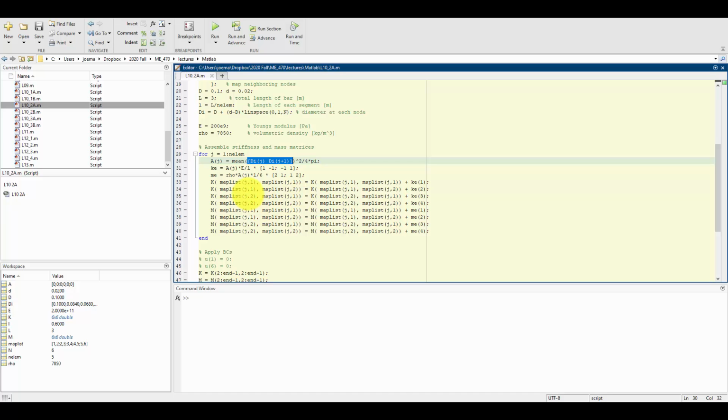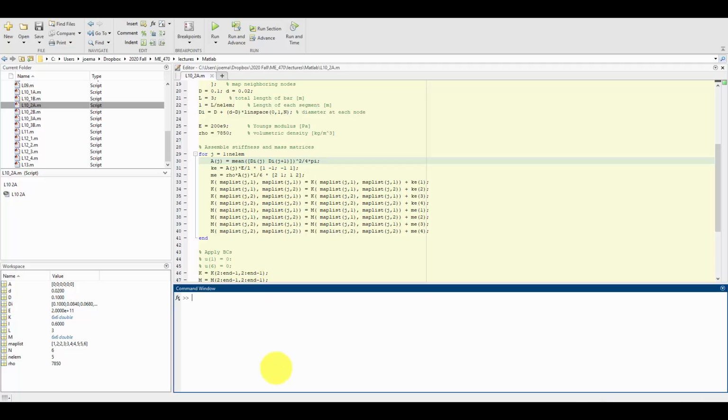So that's why I'm using the jth term and the j plus first. So this di of j is the left diameter at that node in the real problem, and j plus 1 is the diameter on the right. I'm taking their average, squaring it, dividing it by 4, and multiplying it by pi to get the cross-sectional area I want to use for the jth element. So that is going to decrease as I go through.